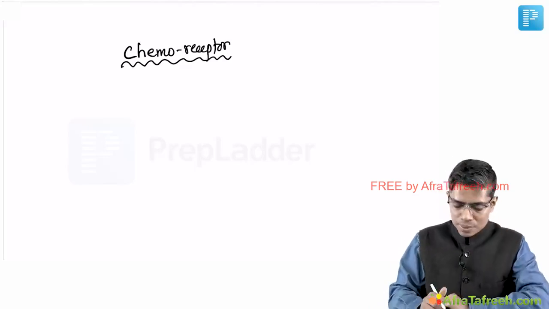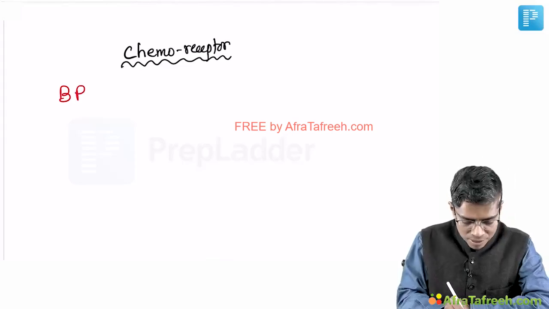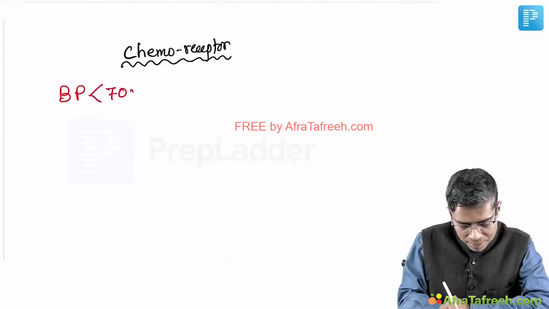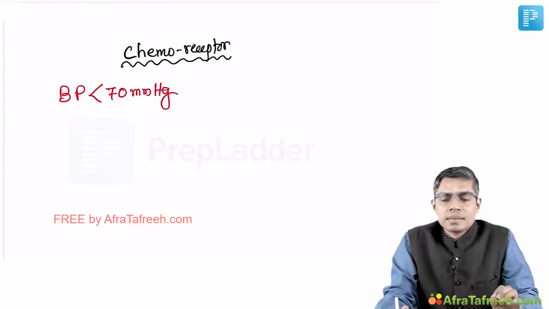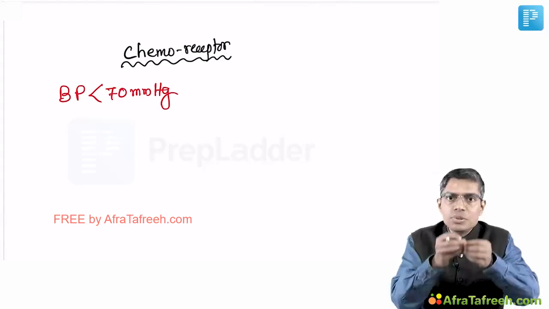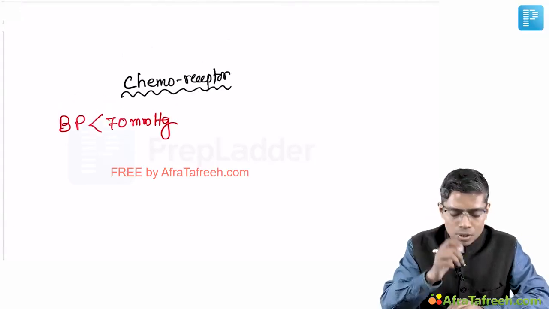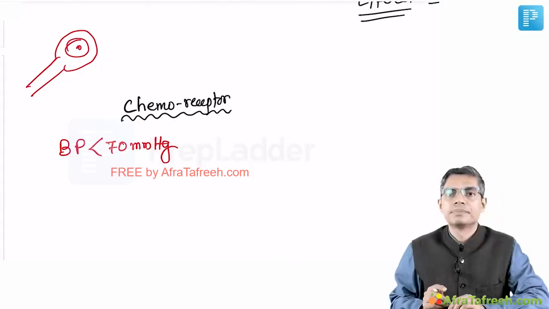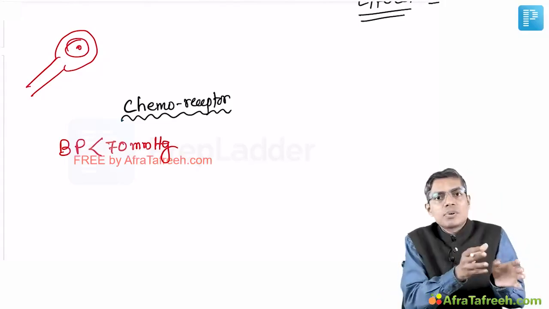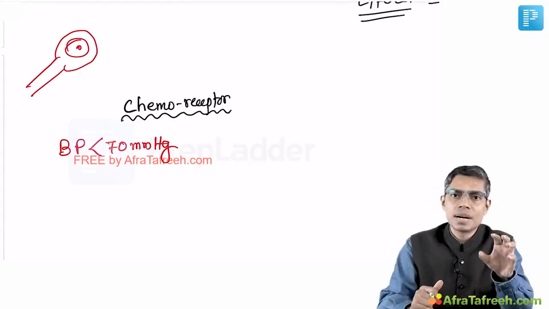But if your blood pressure is very, very low, suppose it is lower than 70 millimeter of mercury, then what will happen to the perfusion at the level of the carotid body and aortic body? I told you this carotid body and aortic body contain a cell, the glomus cell, which can detect hypoxia, hypercapnia, acidosis. Now there is a fourth one, that is decreased blood pressure.